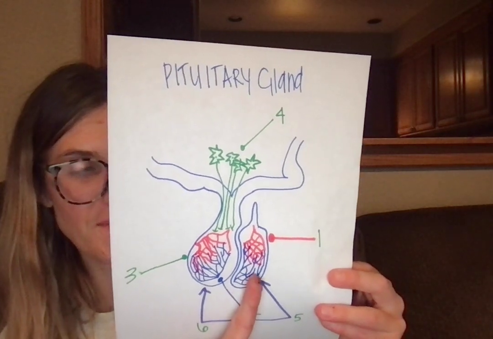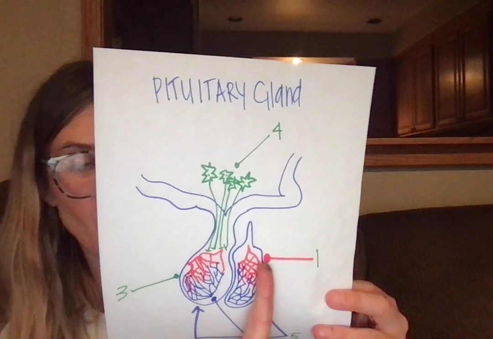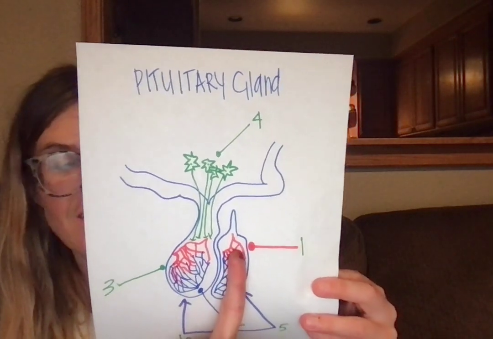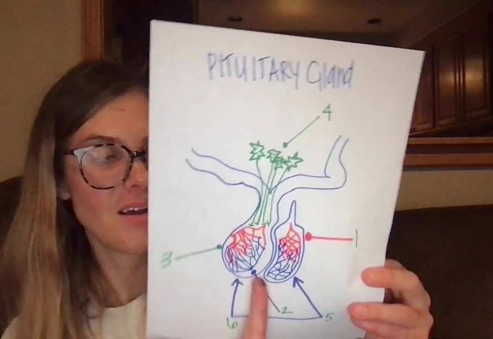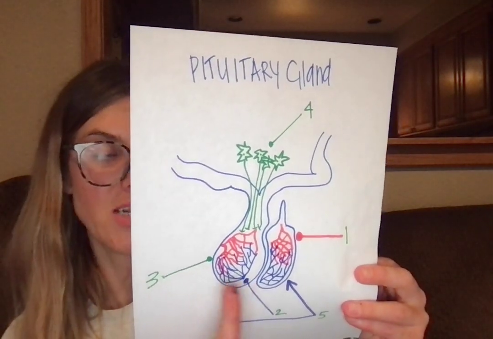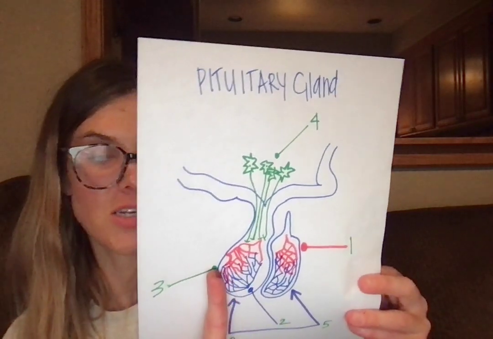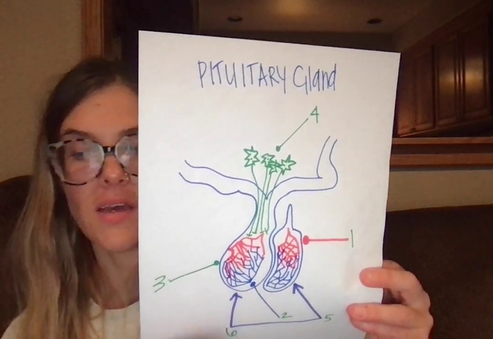So this is the posterior, and this is the anterior. Right here with the red veins is arterial blood. Down below here is going to be our venous drainage. And in between the arterial blood and venous drainage is going to be our pars intermedia.